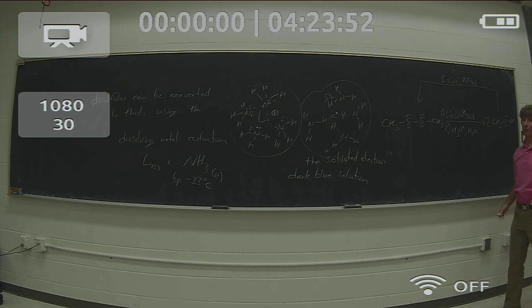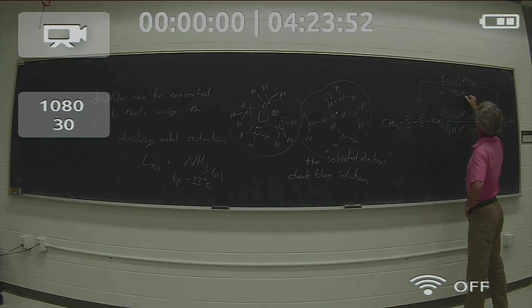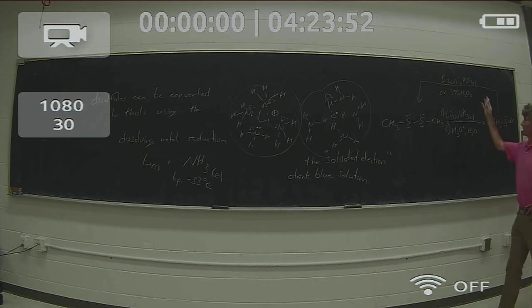Water doesn't have to be water, it can be other solvents, but iodine water is a common oxidizing agent, or 3% hydrogen peroxide. So we can convert freely back and forth from thiol to disulfide and disulfide back to thiol.